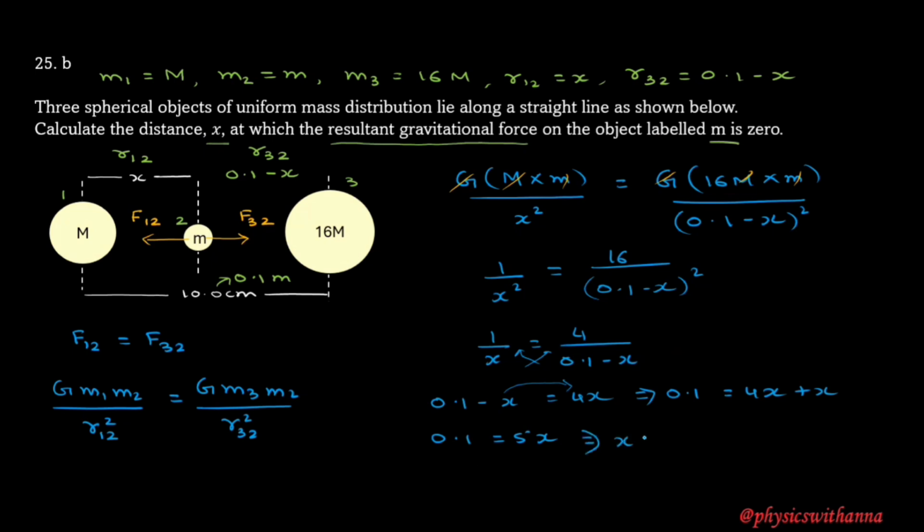We will have x equals 0.1 over 5. That gives you 0.02 meter, or you can write x as 2 centimeter. So when you place the small mass m 2 centimeter from the first object, that is where the resultant gravitational force on it will be equal to 0.